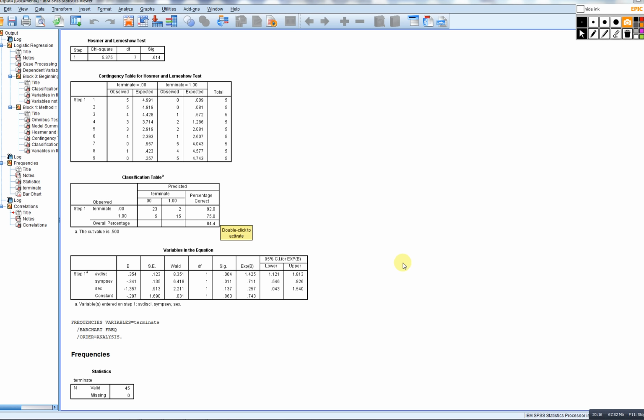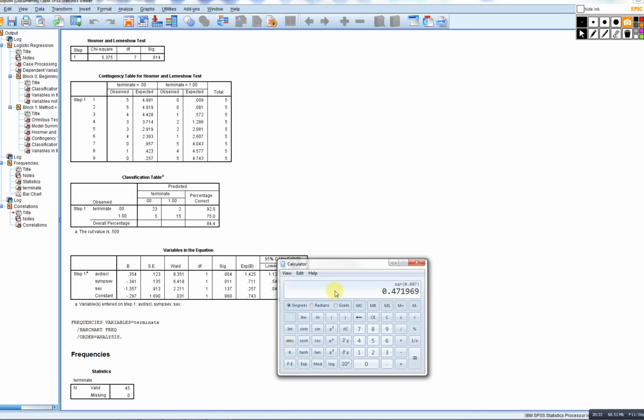So if we take our 23 and 15 and add those together, which would get us 38, we have an overall size. So we had 38 that were correctly classified.